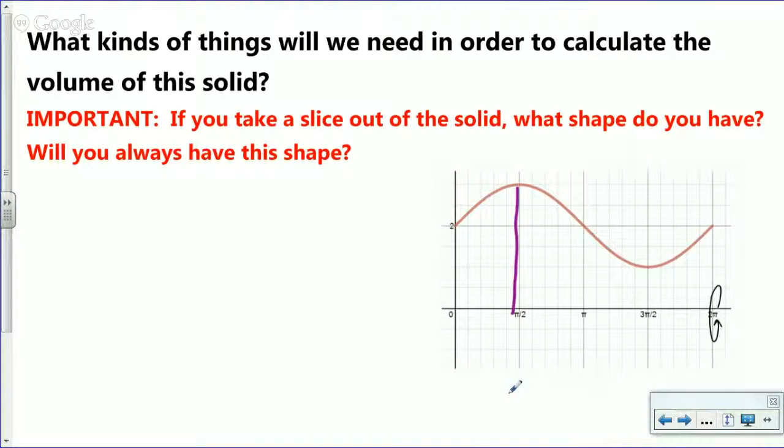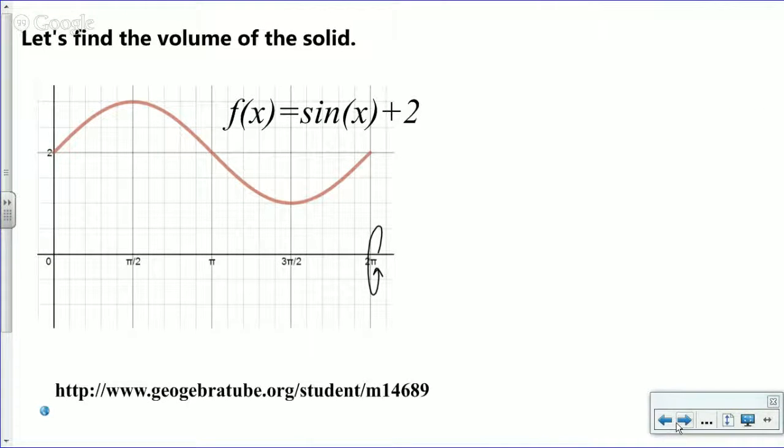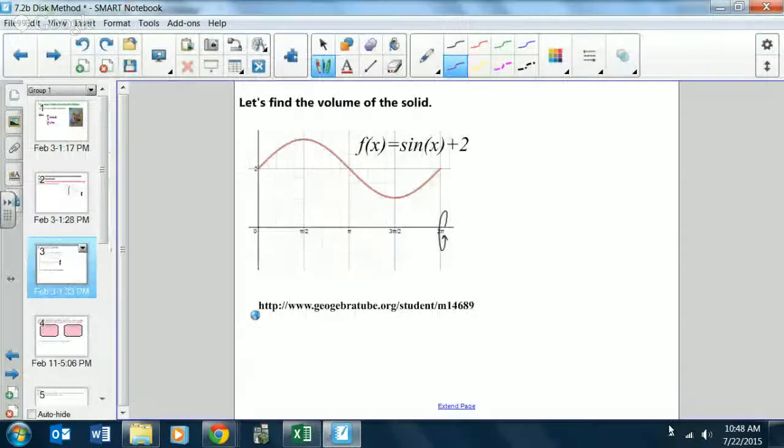Okay, anybody know what function this is, or at least what kind of function this is? It is a sinusoidal function. One way to represent it is sine of x plus 2, and I've restricted it from x equals 0 to x equals 2 pi.